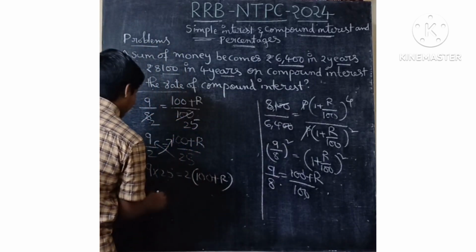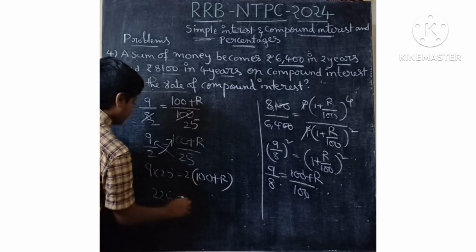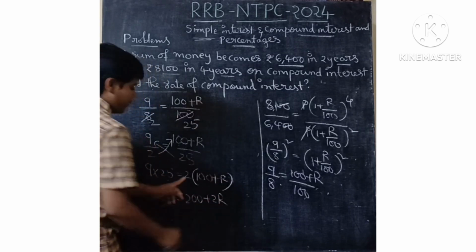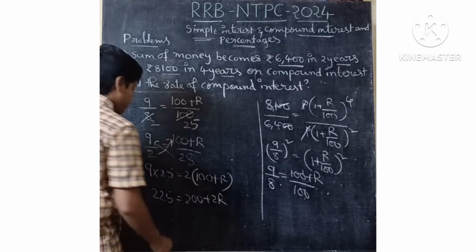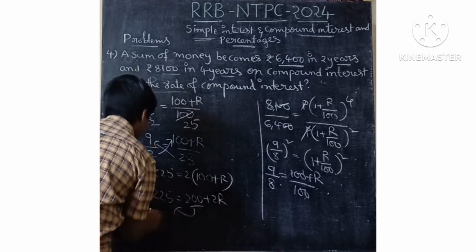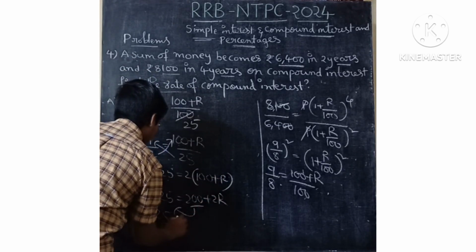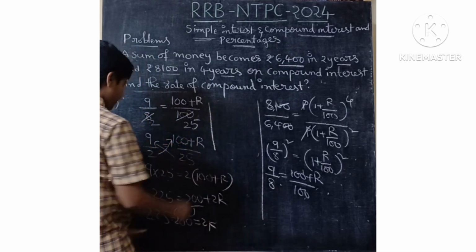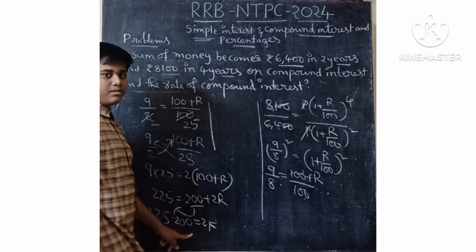It becomes 225 is equal to 200 plus 2R. We have to multiply, as this is in brackets. So transfer this term to this side. It becomes 225 minus 200 is equal to 2R.